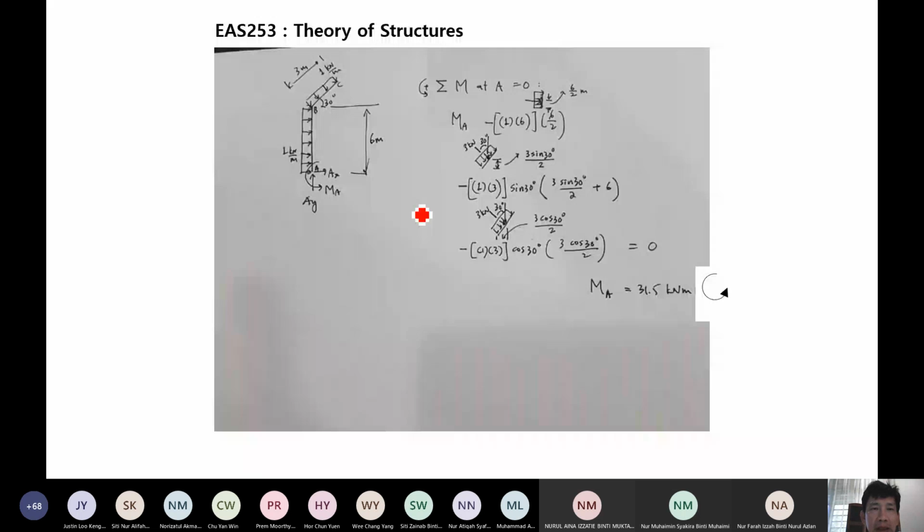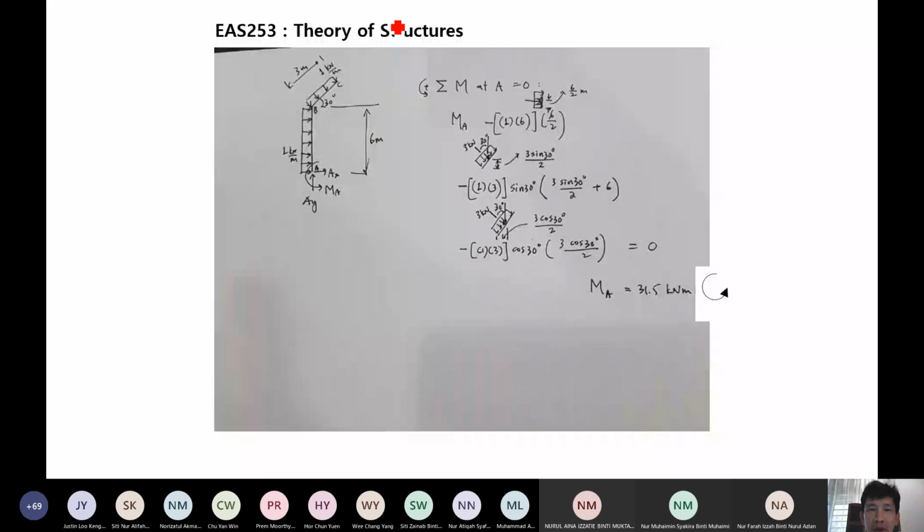Here, because this is acting inclined at 90 degrees to this inclined member, so we get the component in X direction, and then find the moment due to that X component at point A, and also find the moment due to that Y component at point A. And if we add them up together, it is equivalent to the moment caused by this inclined UDL. So we find the moment caused by the component and we add them up together.